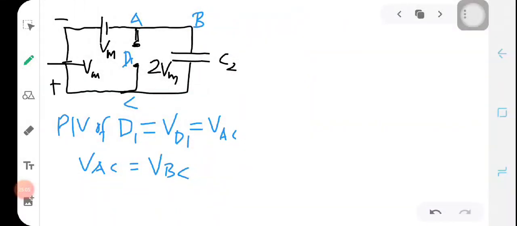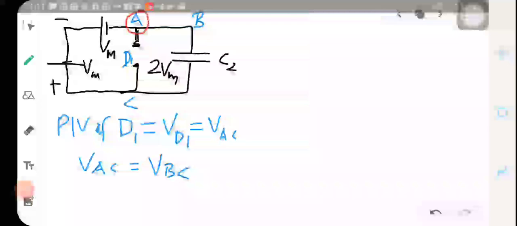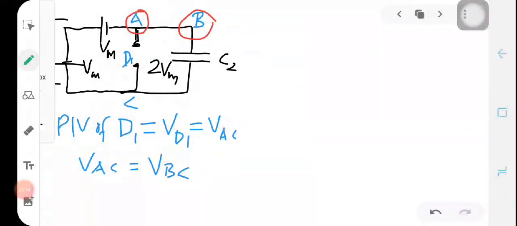But the voltage across AC will be equal to the voltage across BC, since A and B are at the same potential. So VBC will be equal to the voltage across the second capacitor C2.